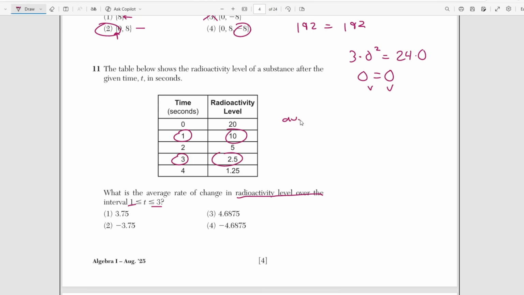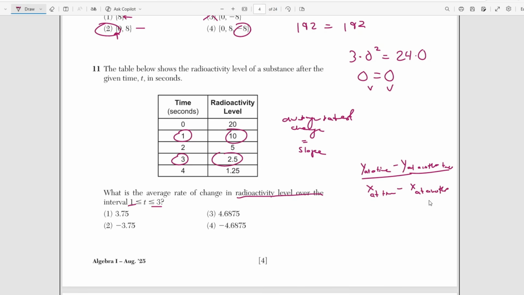Remember that the average rate of change is equal to the slope. So you're subtracting the y value at one time minus the y value at another time, divided by the x value at that time minus the x value at the other time.